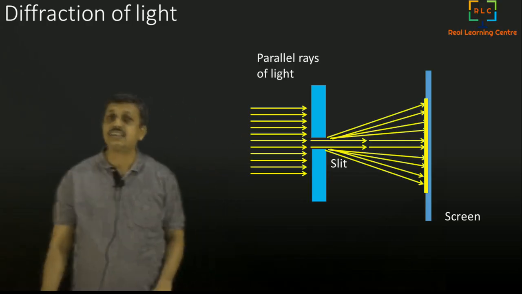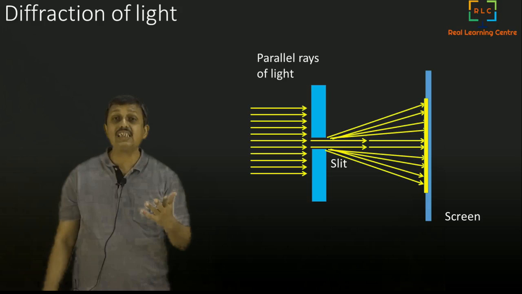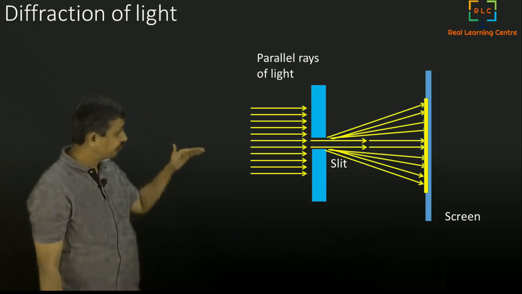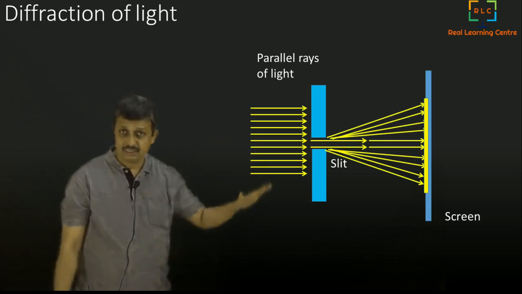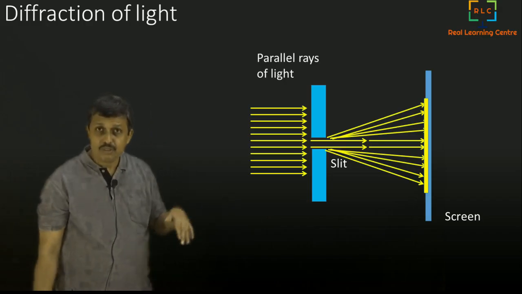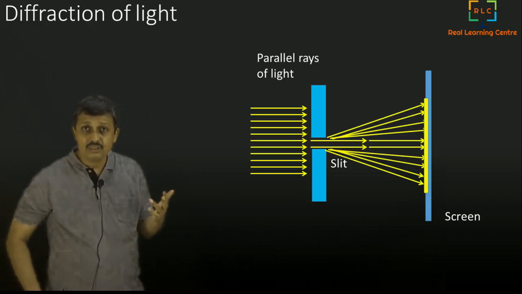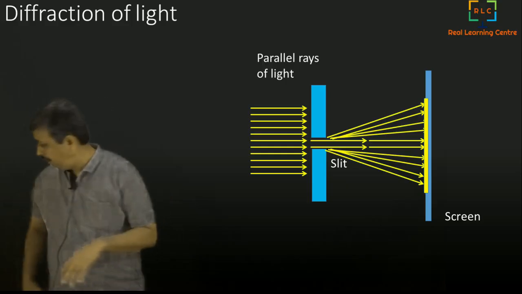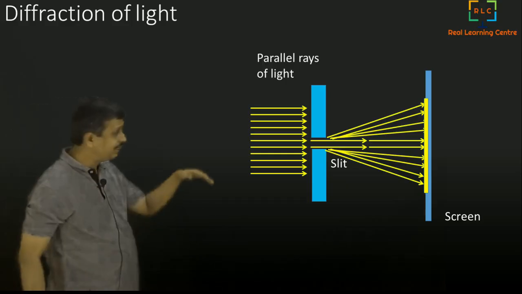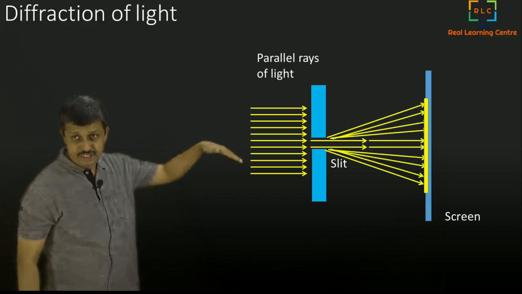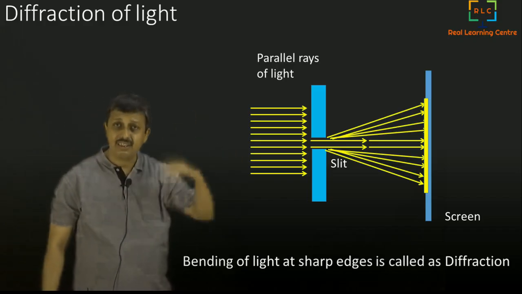It is just spread out. So it tells us very clearly that light here is deflecting. The light actually is deflecting, in the sense that towards the edge, light is bending.